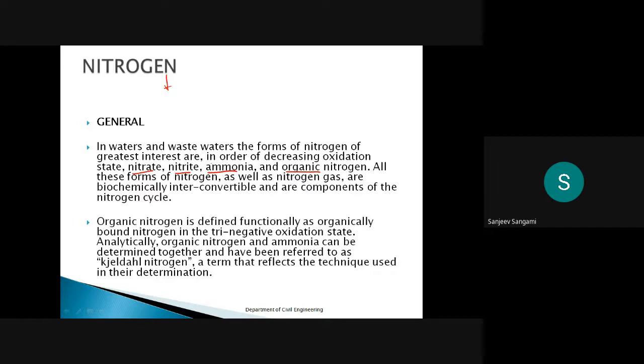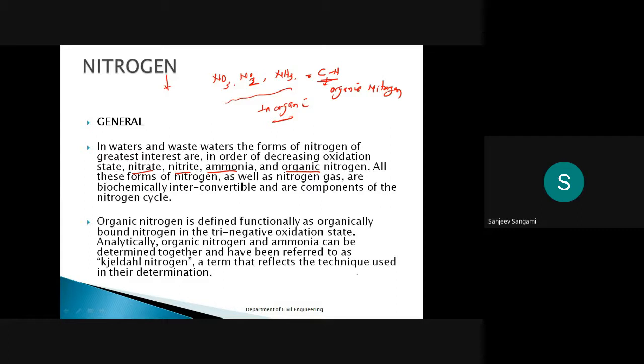They are NO2, NO3, then NH3, then carbon with N, that is CN. If C along with N is there, we call it organic nitrogen. If C is not there, these are all inorganic. That is the basic classification.